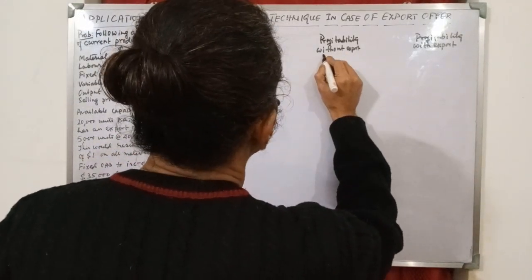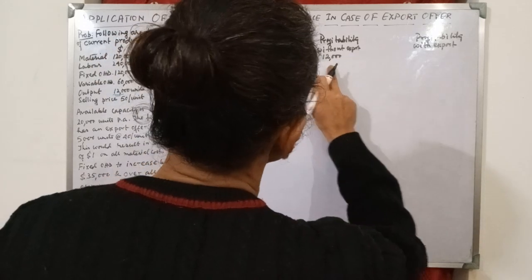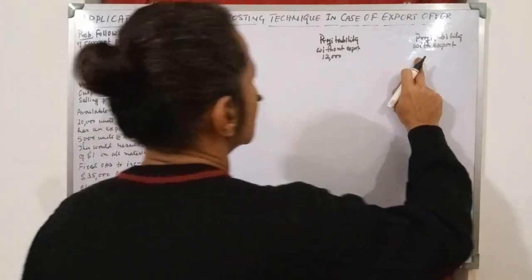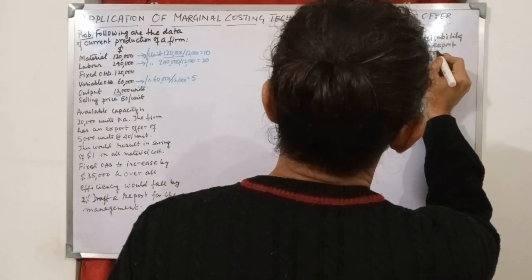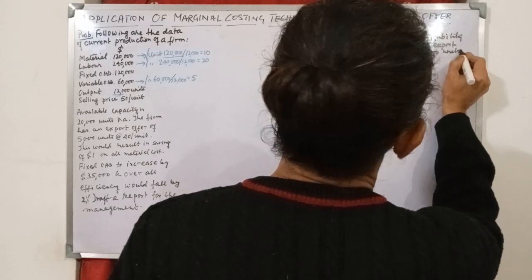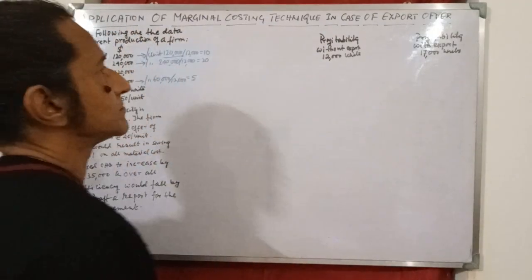In this case, the firm will produce and sell only 12,000 units, and here total production will be 17,000 units. Correct?